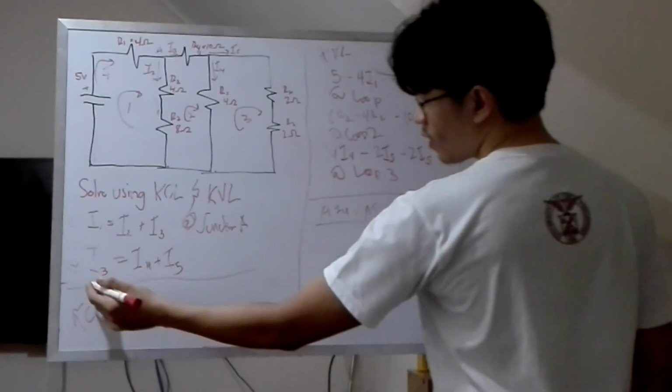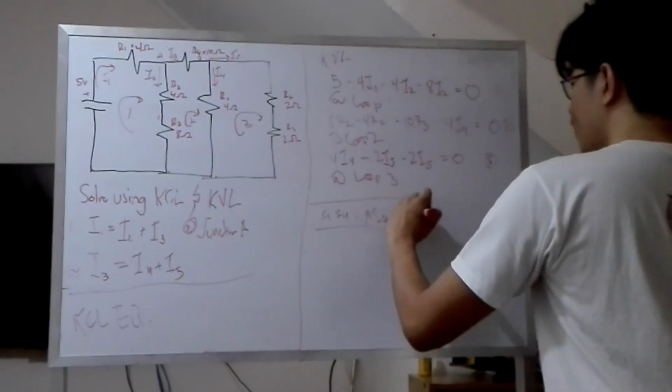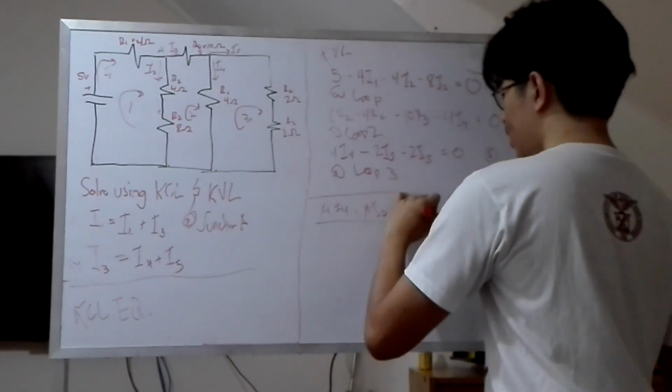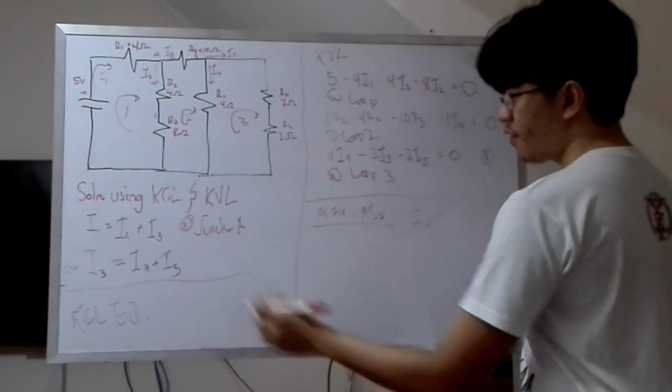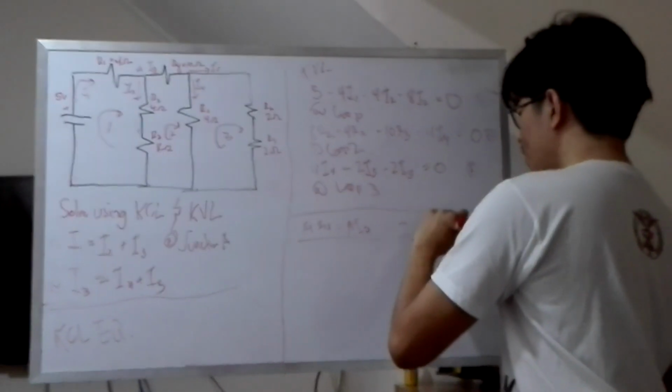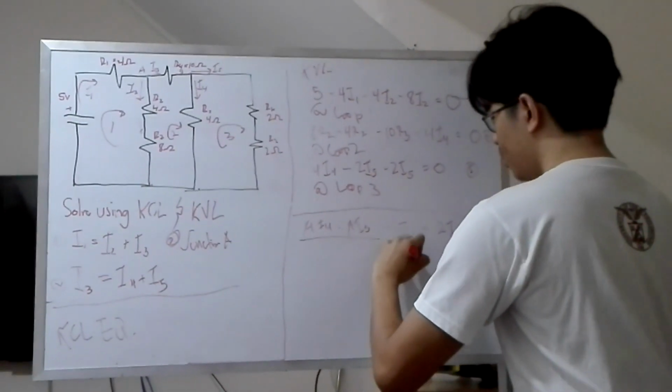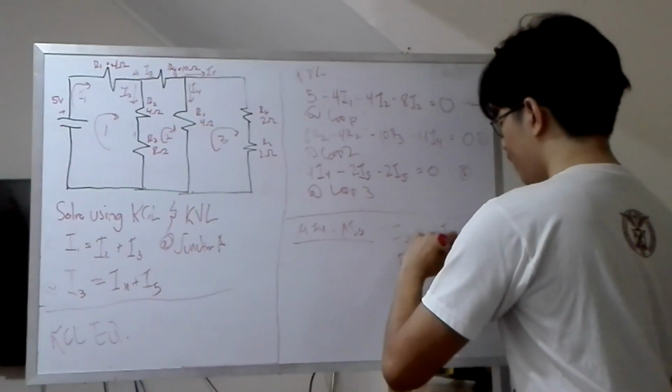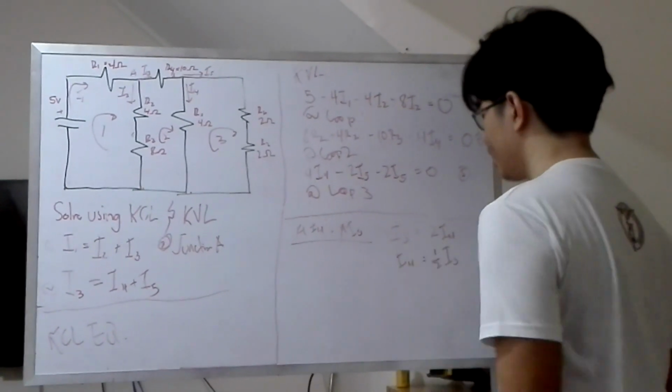We would substitute it in equation number 2, which is I3 equal to I4 plus I5. Substituting it, you would get 2I4, so I4 would be equal to 1/2 I3.